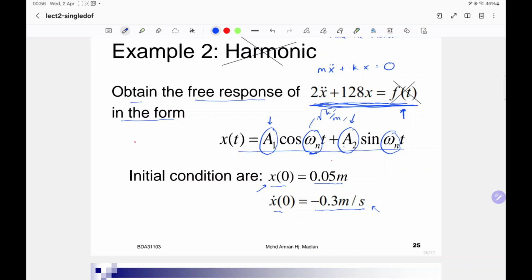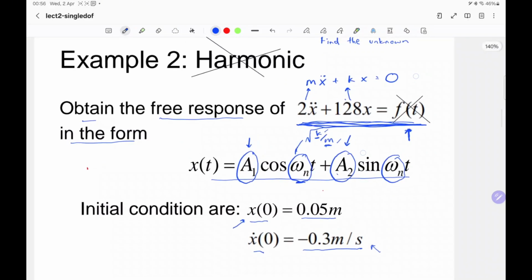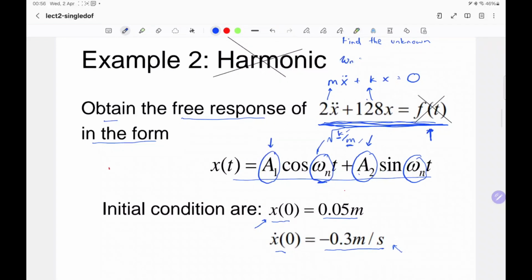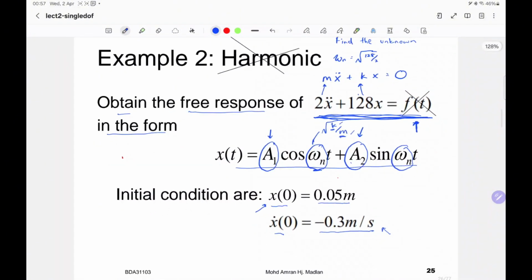In order to find omega n, we need to know k and m, and the k and m values are given in the equation of motion, whereby m is equal to 2 and k is 128. So omega n is square root 128 over 2. So you can get omega n.